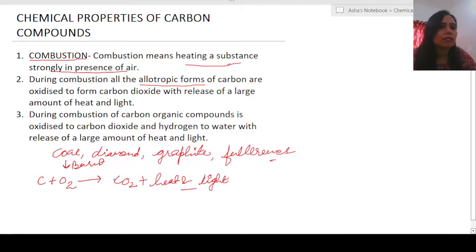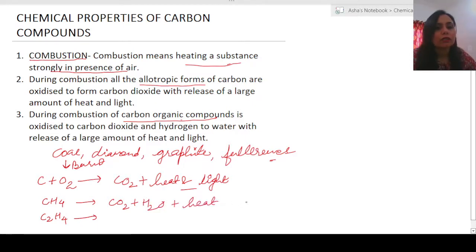Now the next point is that during combustion all the organic compounds, so here basically we are talking about the hydrocarbons, let us say CH4 or C2H4, right? If you take any one of them, the product will be carbon dioxide plus water plus heat and light.